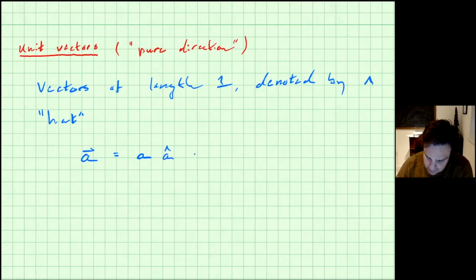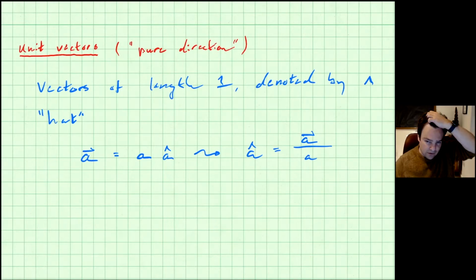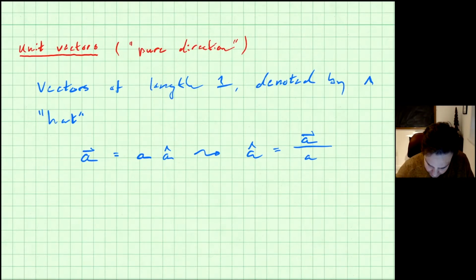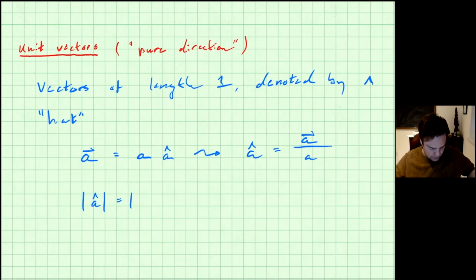So the definition of A hat is the vector A divided by its magnitude. That's what a unit vector is. And you can see just from that formula that the magnitude of the vector A hat is 1. So those are helpful things.